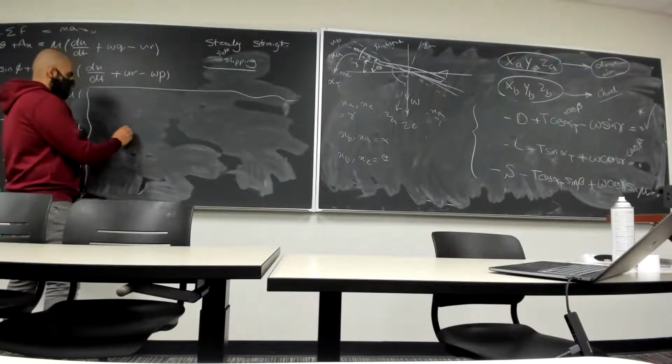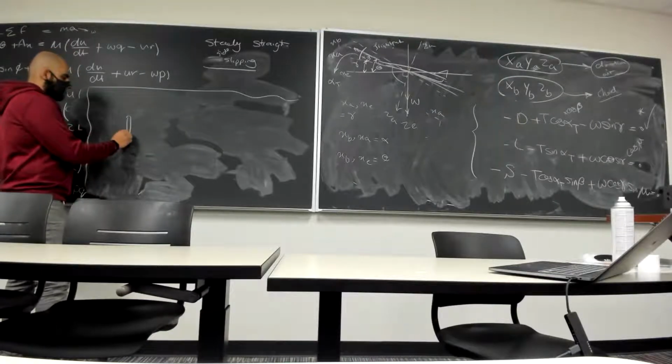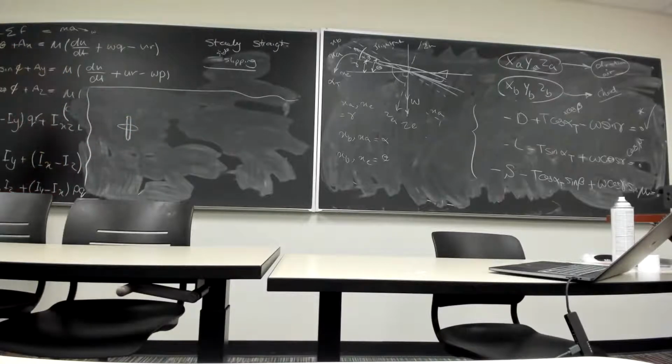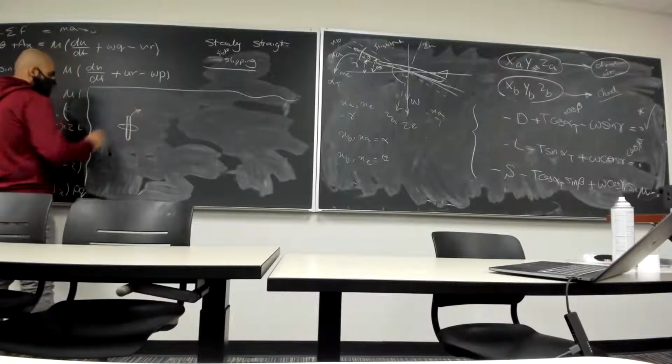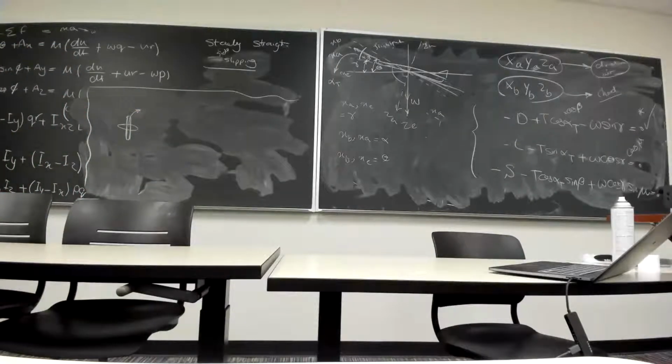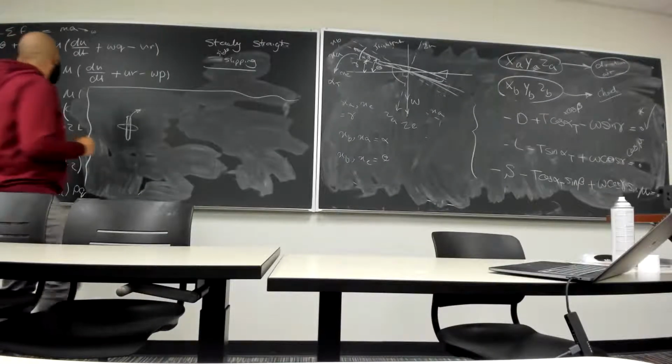Okay. So let's have a top view of an aircraft, right? We are turning, that's the idea. Don't give me the number of equations, give me the equations you think you're going to have here.